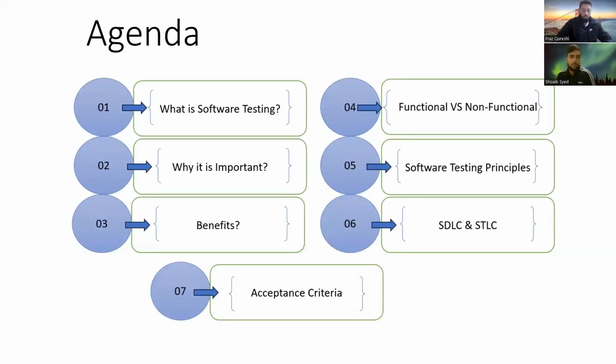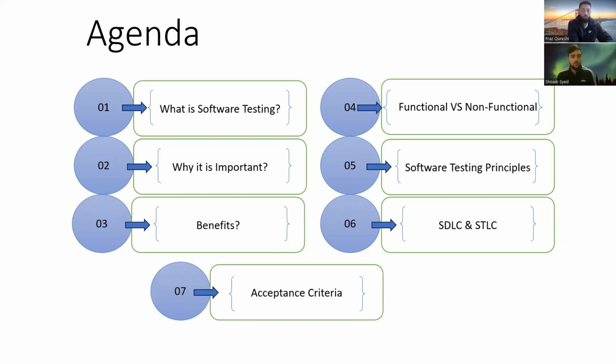Okay. So let's talk about the agenda again. For tonight, we're going to look into what is software testing. First thing first, the very first important question: what is software testing? We're going to answer that for you. And then why it is important, right? What are the benefits of that?